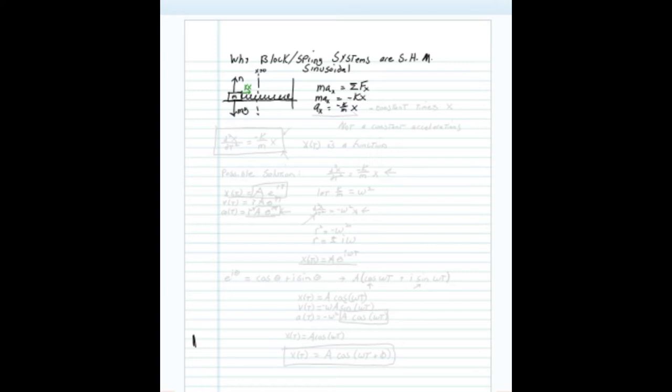So really what we have here is a negative constant times x. But keep in mind, as the object moves from left to right, x is going to change. So this acceleration is not a constant acceleration.